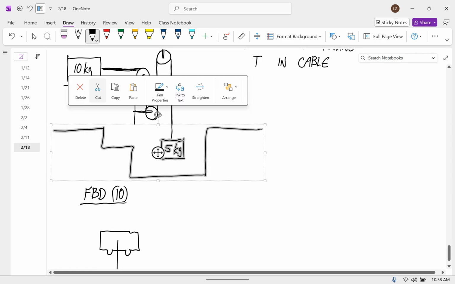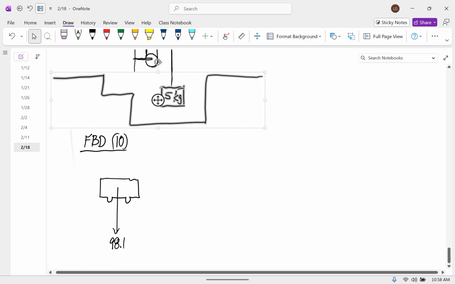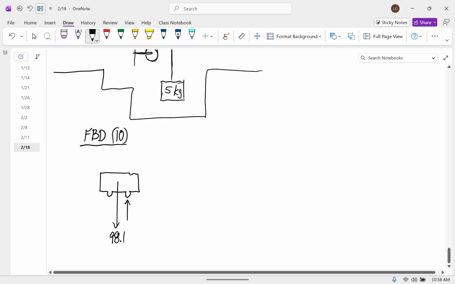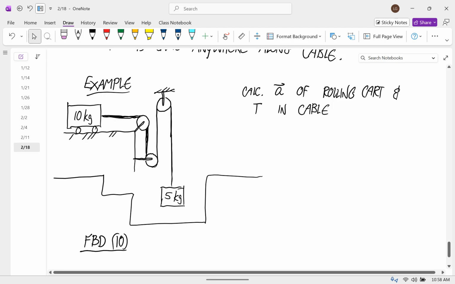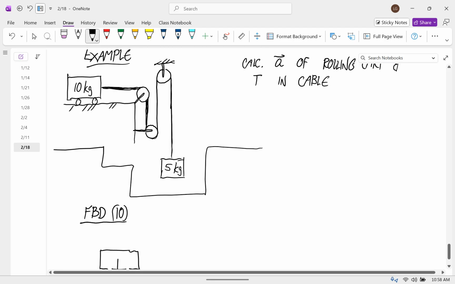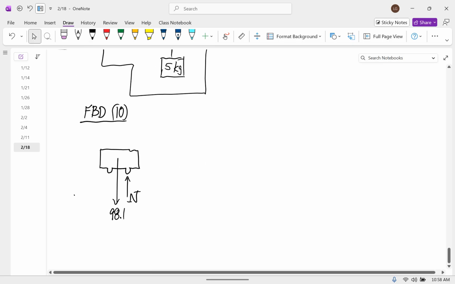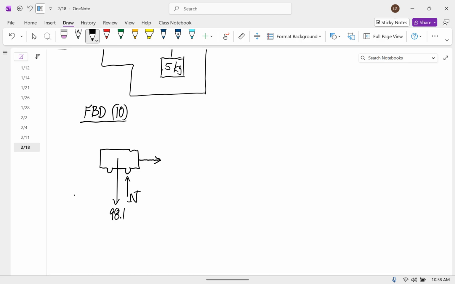There's a pushing force from the surface onto the wheels, I'll call that N. And then that cable is pulling on the right end. The rule says parallel to the cable, away from the body. And then that's a complete free body diagram.